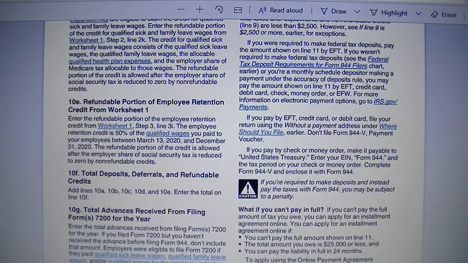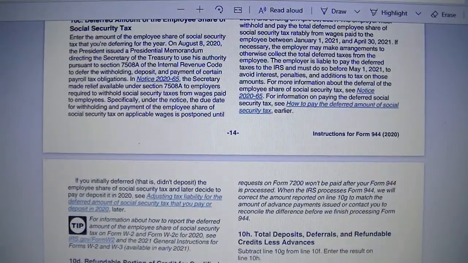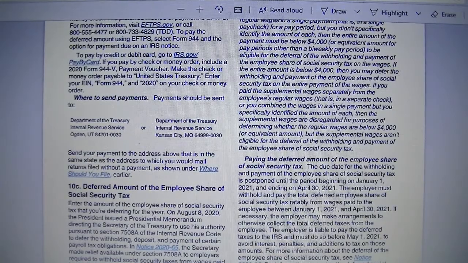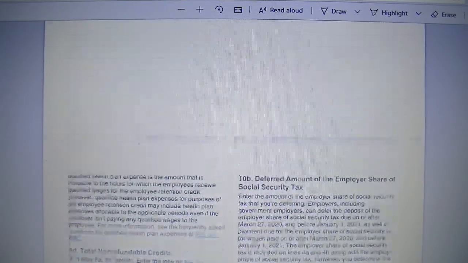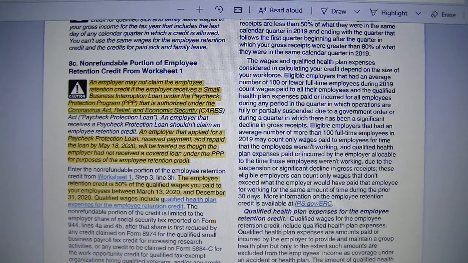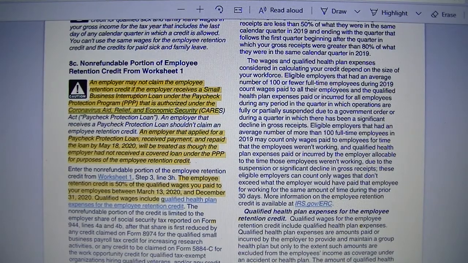But if you pay back by May 1st, it's like if you didn't receive it, so you'll claim that credit. If you didn't apply for that loan and you are eligible for the employee retention credit, you could claim it. So non-refundable portion of employee retention credit from worksheet 1.